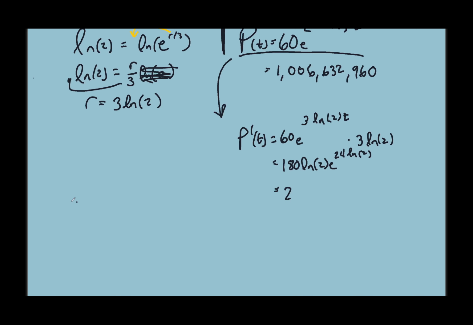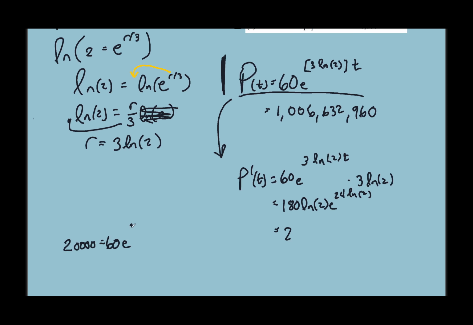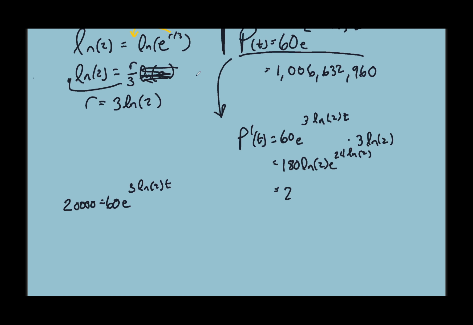And we'll say 20,000 equals 60 e to the 3 ln of 2 t. Divide by 60. What's 20,000 divided by 60? We'll call it 1,000 over 3 equals e to the 3 ln of 2 t.